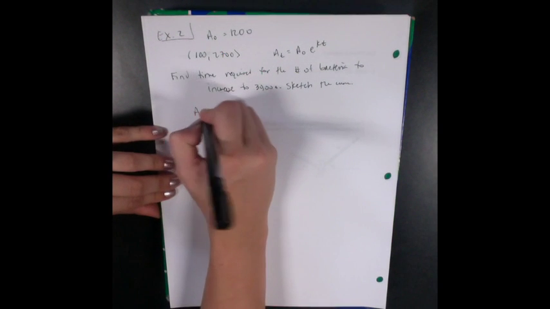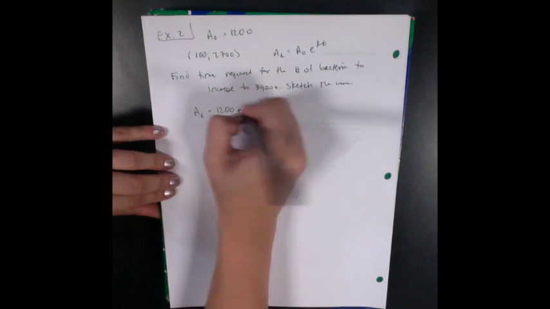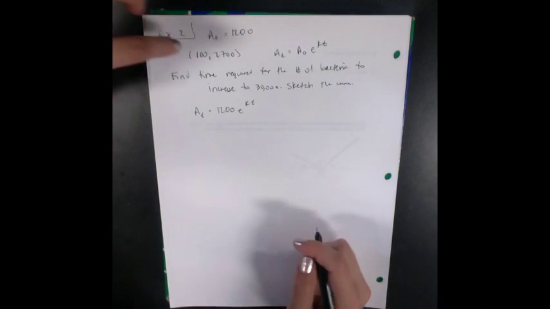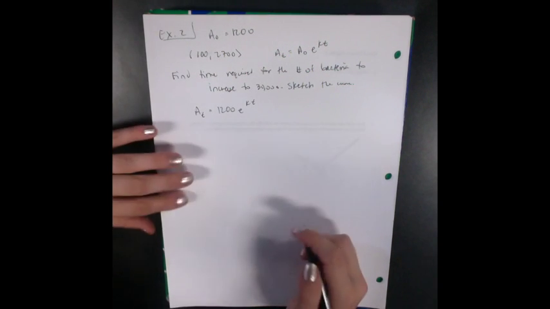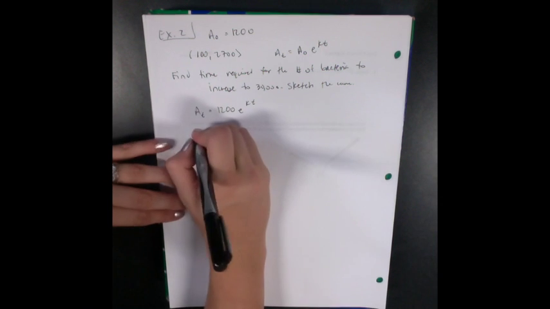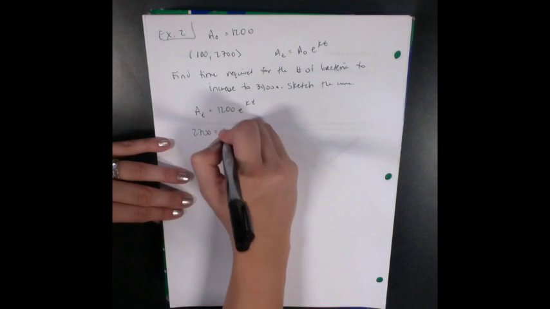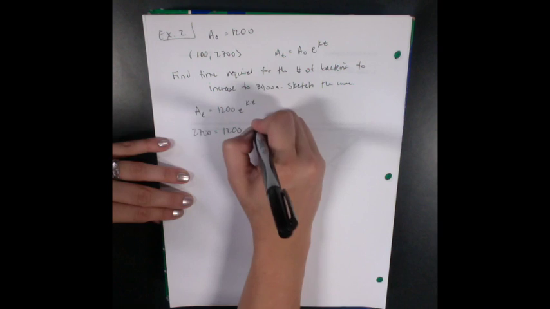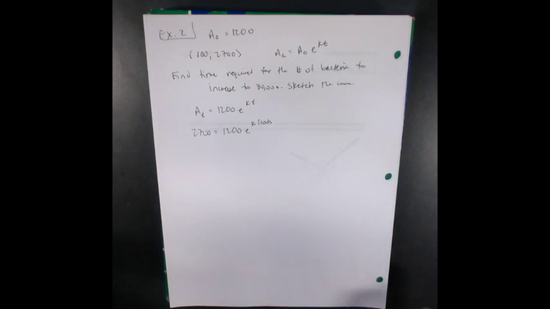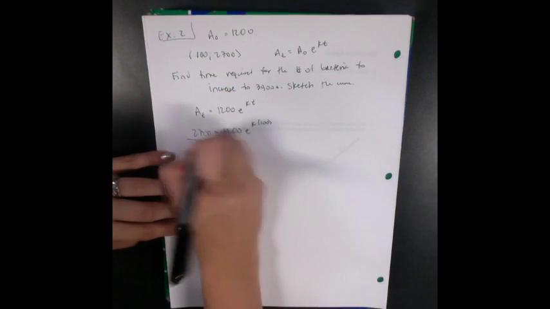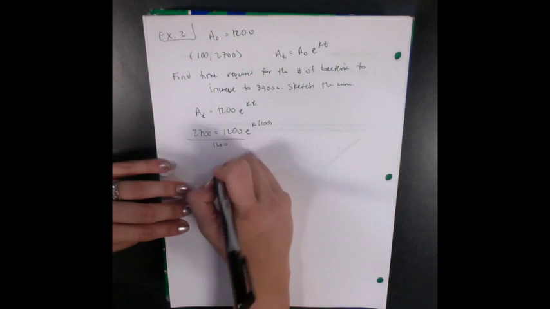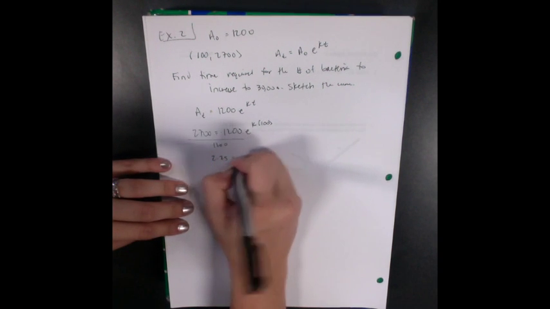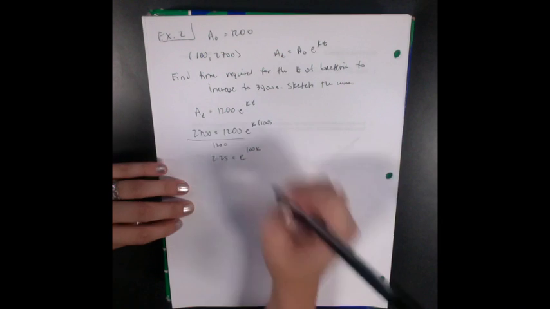So I will have A sub t is 1,200 e to the kt. And I'm going to plug in this point here. So I will get 2,700 equals 1,200 e to the k times 100. Divide everything by 1,200, leaving me with 2.25 equals e to the 100k.